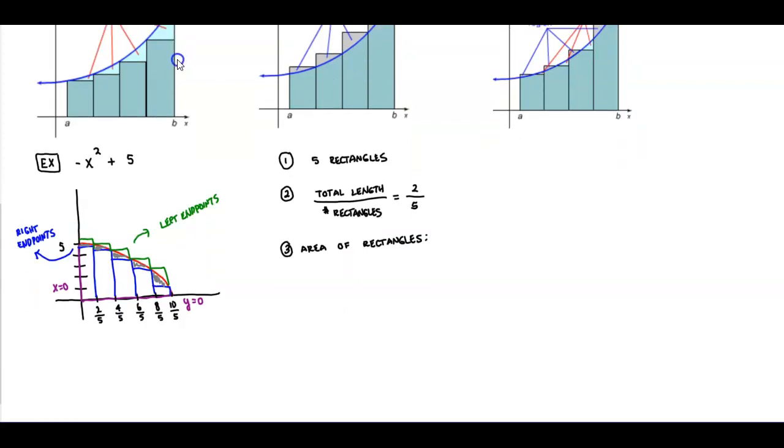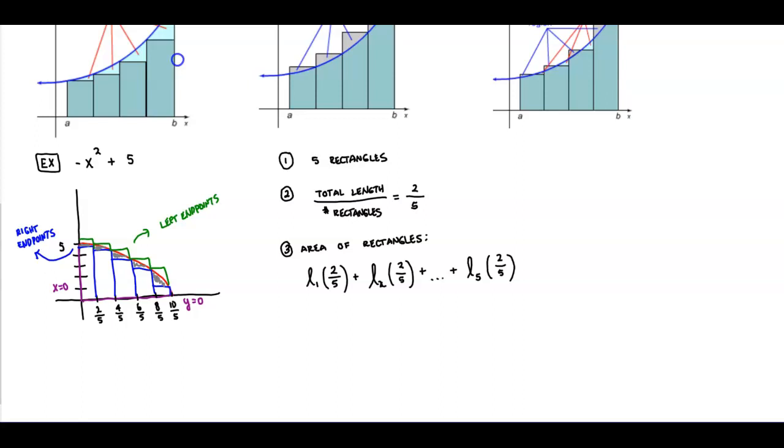We would take L1 and multiply it by the total length divided by the number of rectangles, which is 2/5, plus L2, and we want to multiply that by 2/5, plus dot, dot, dot, plus the 5th rectangle times 2/5. Okay, so what does that mean?